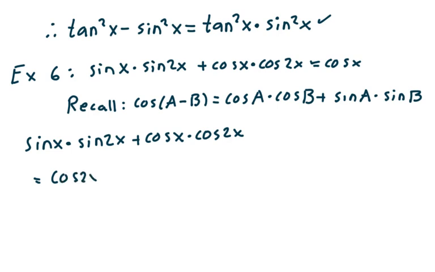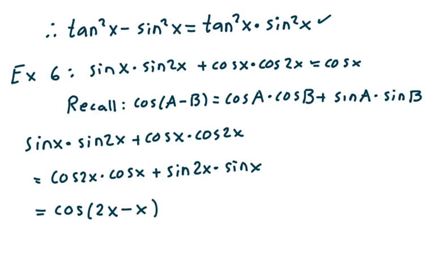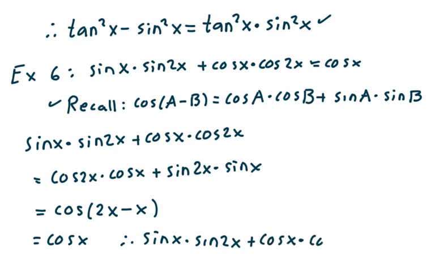So this is cosine 2x times cosine x plus sine of 2x times sine of x. But this is equal to cosine of 2x minus x because of that formula up here. And isn't 2x minus x, x? So this is cosine of x. Therefore, sine of x times sine of 2x plus cosine x times cosine 2x is equal to cosine x.